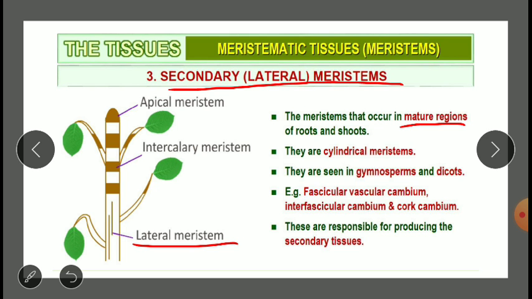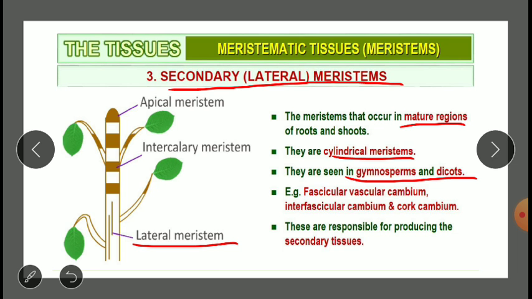They are usually cylindrical meristems and they are going to be seen only in the gymnosperms and the dicotyledons. The large trees you can see which are having a very large stem are going to be only in the case of gymnosperms and the dicotyledons.